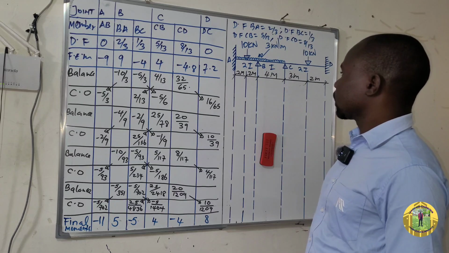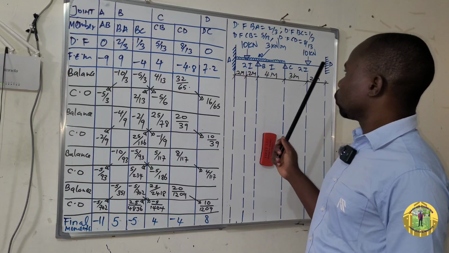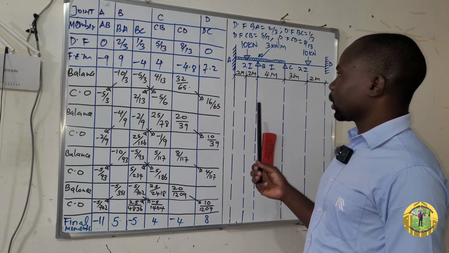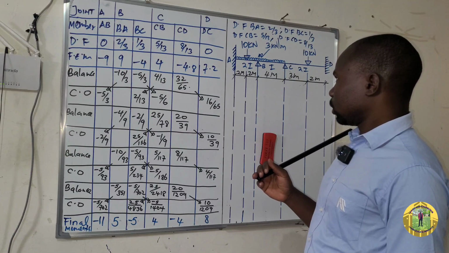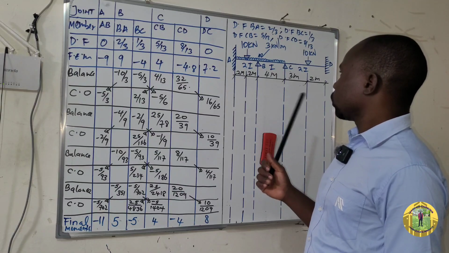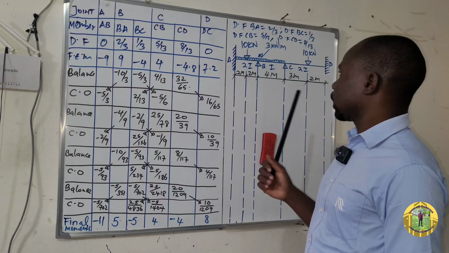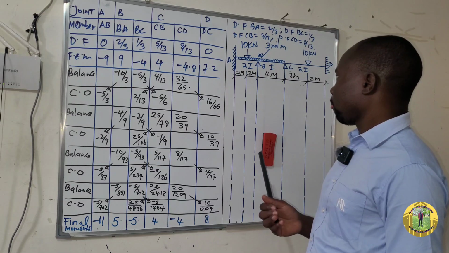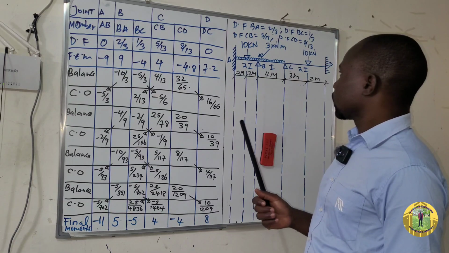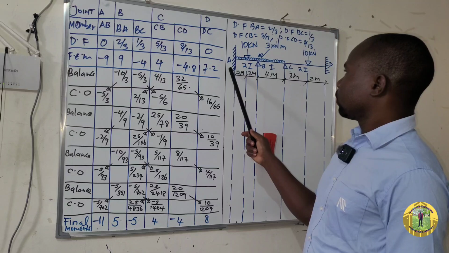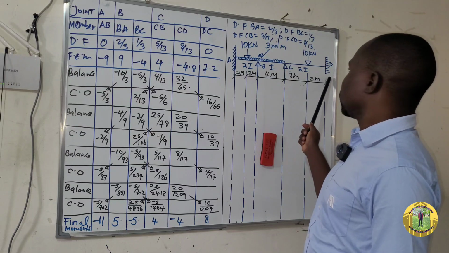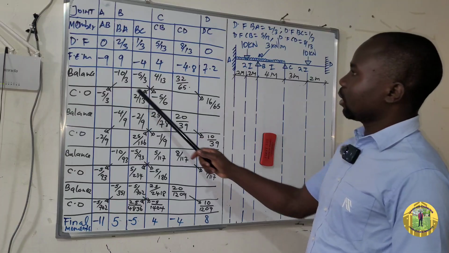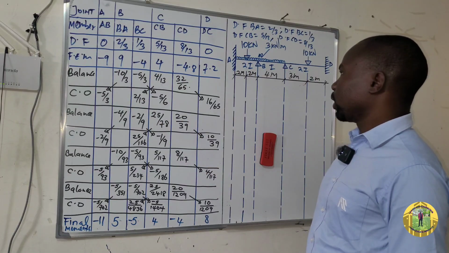Now, to balance, we only balance a joint which has 2 members and above. So it can be 2 members, 3 members, etc. So for this case, joint A is fixed and joint D is fixed, so we will not touch their fixed end moments.